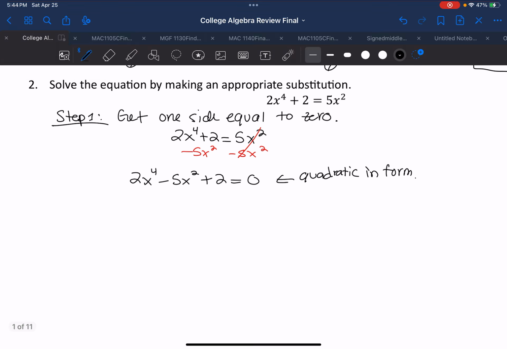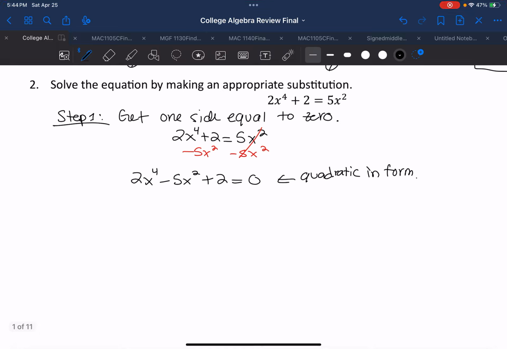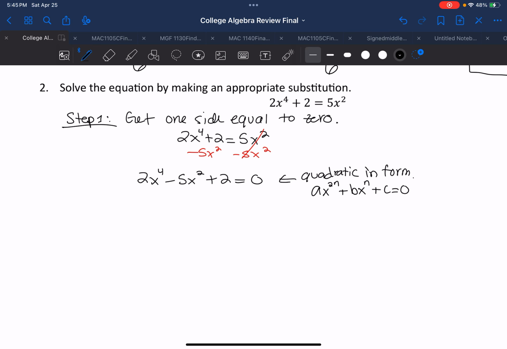Quadratic in form is ax to the 2n power plus bx to the n power plus c equals 0. And so when I have something like this, what I'm going to do is choose my x to the n to do a substitution.